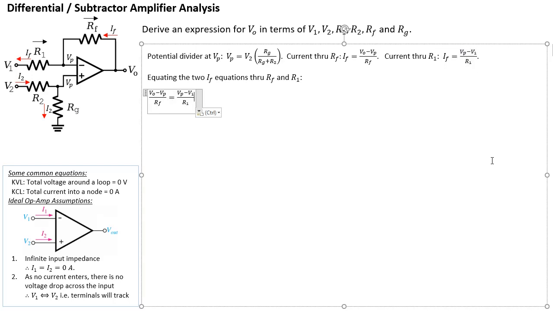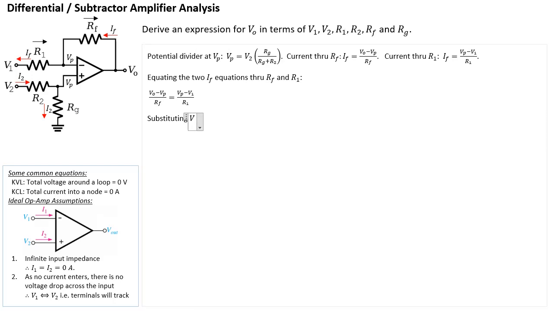Okay. Then what we do is substitute the expression for VP, which is here, into the equation above.